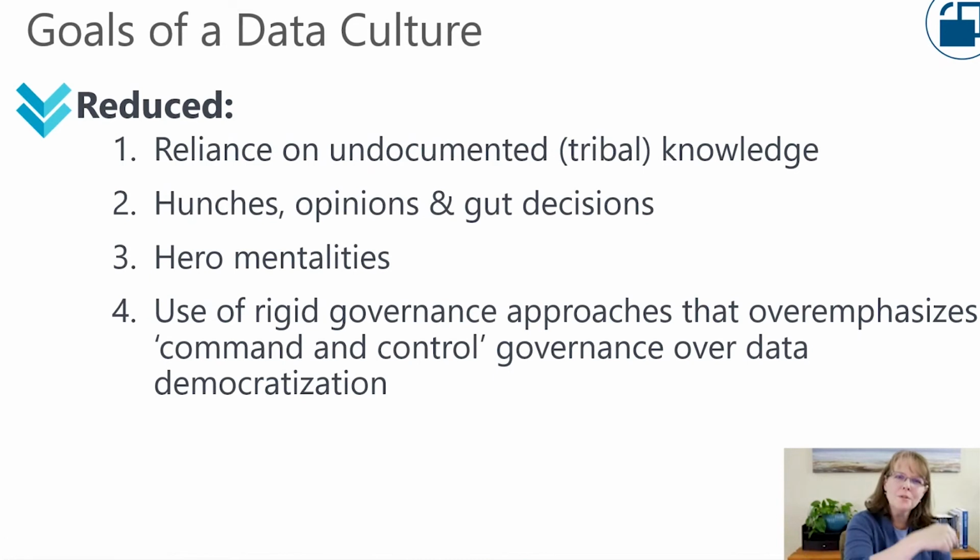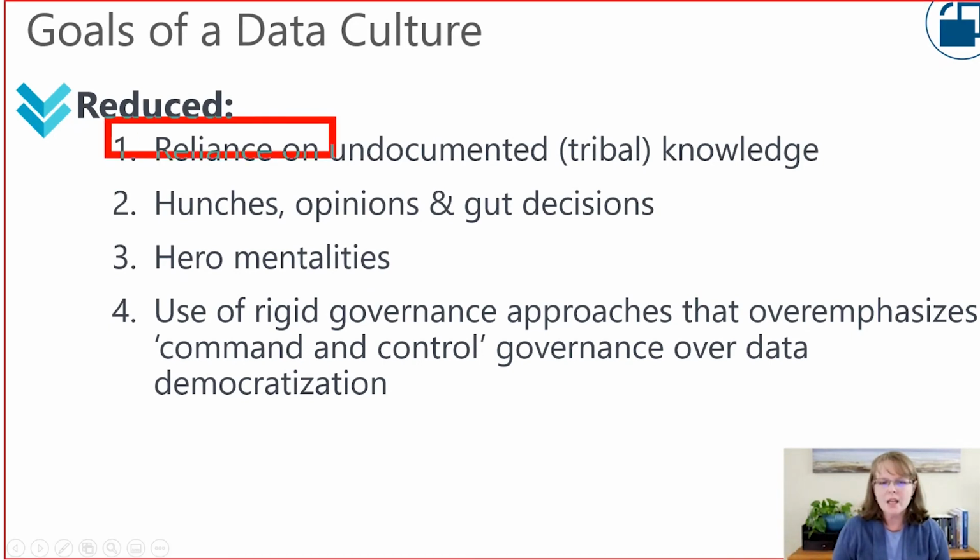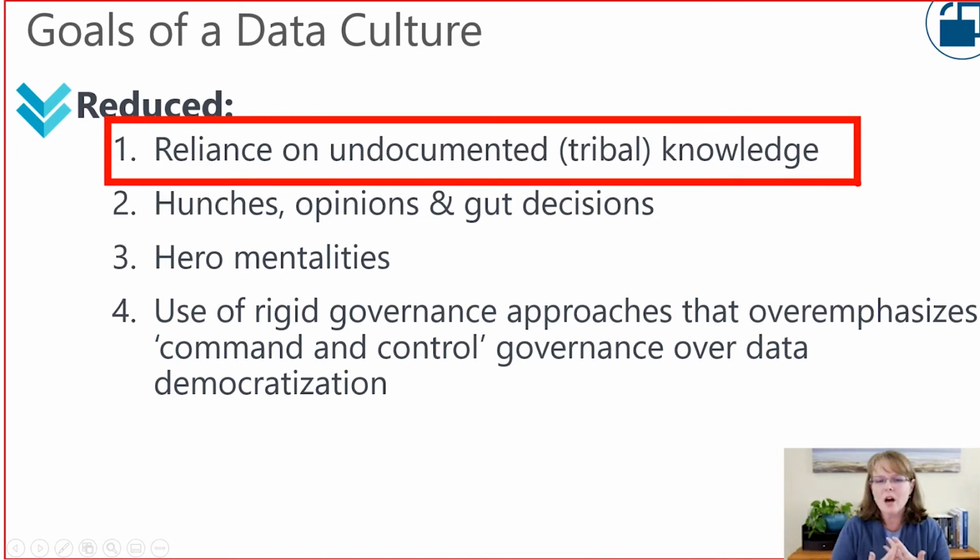So our goals that we just talked about were to increase those handful of things. The other things that we're trying to reduce is this reliance on undocumented or tribal knowledge.